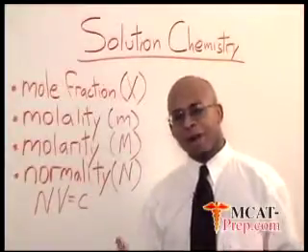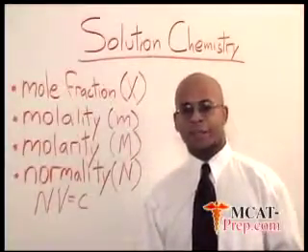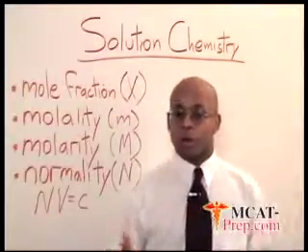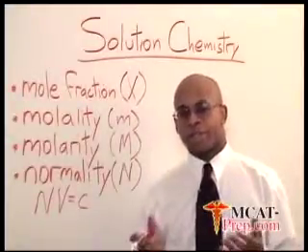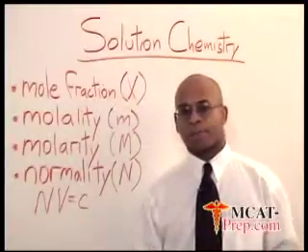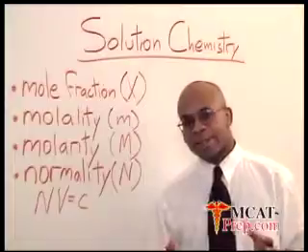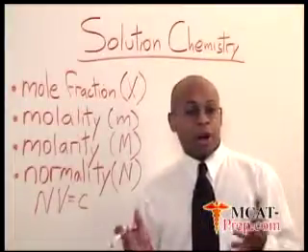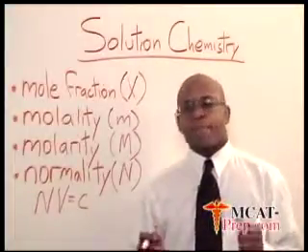So exactly what are equivalents of acid or base? Well, we know that one of the definitions of an acid is that it can give protons. And we know that bases are proton acceptors.